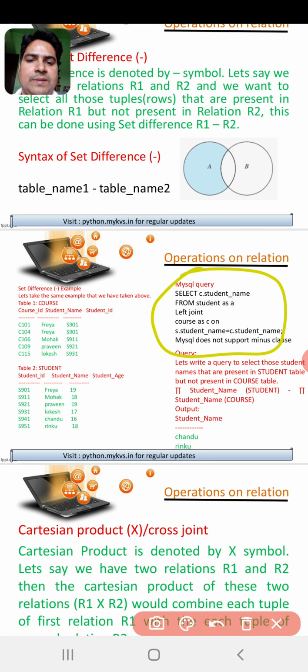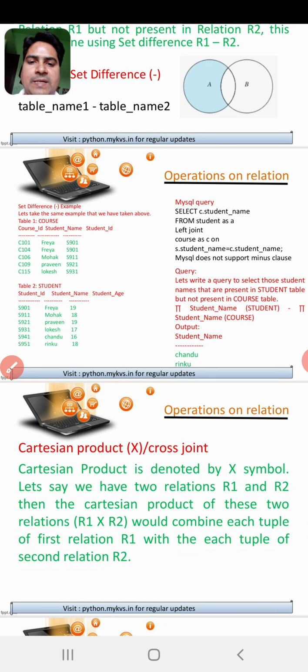Okay. Left join. Left join means the left part is selected. Here you can see clearly there are two tables, course and student, but minus operation is performed as student minus course, not course minus student. Student minus course.